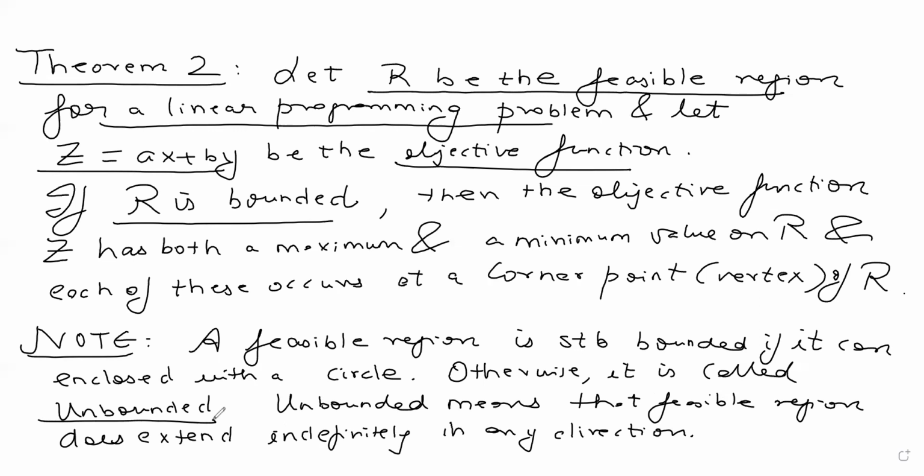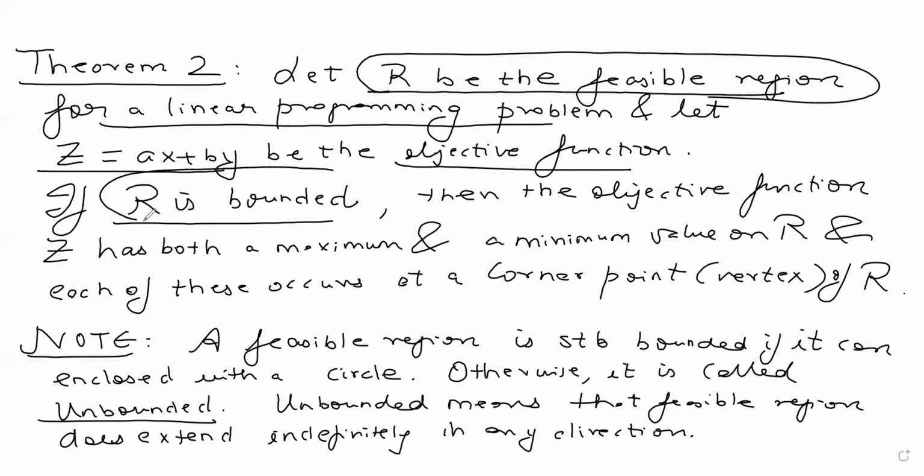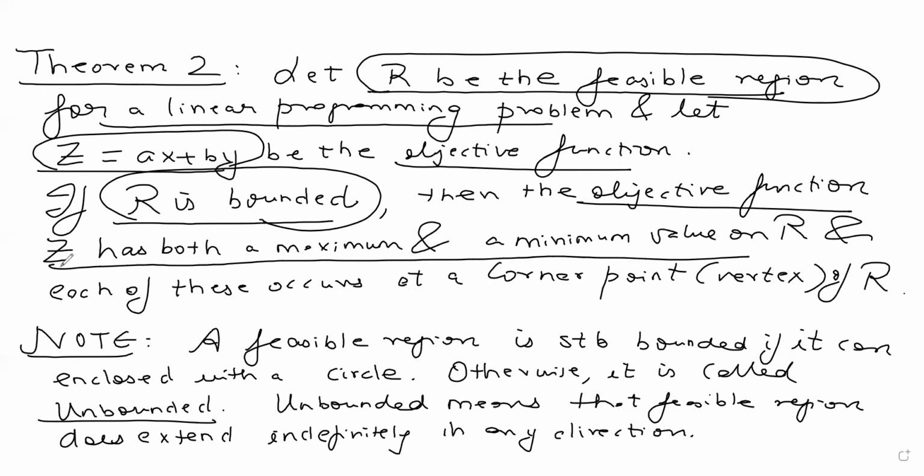You cannot enclose it within a large circle. So the theorem is telling us if my feasible region R is bounded, that means you can enclose R within a large circle. Then your objective function Z will have both a maximum and a minimum value, and each of these is going to occur at the corner point.